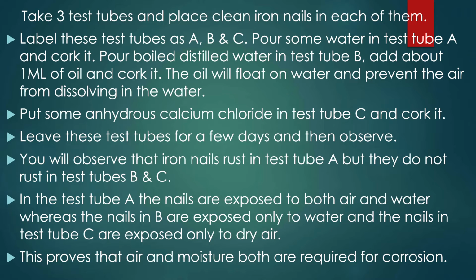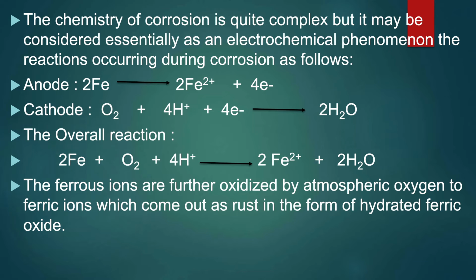Okay, children. Now coming to the chemistry of corrosion, what actually is happening here? The chemistry of corrosion is quite complex, but it may be considered essentially as an electrochemical phenomenon. And the reactions occurring during corrosion are as follows. At anode, iron is getting oxidized to iron ions and 4 electrons are released in the process.